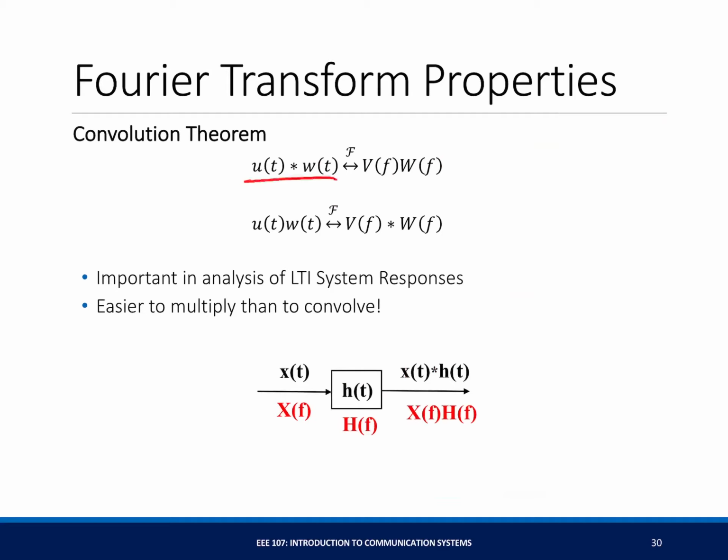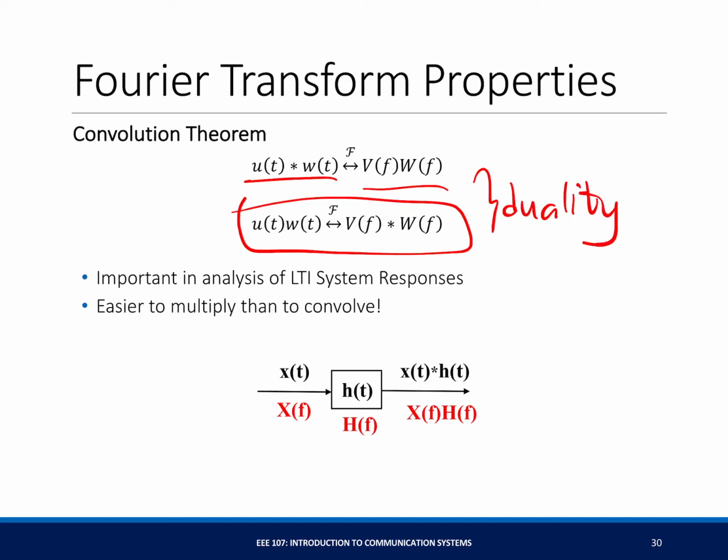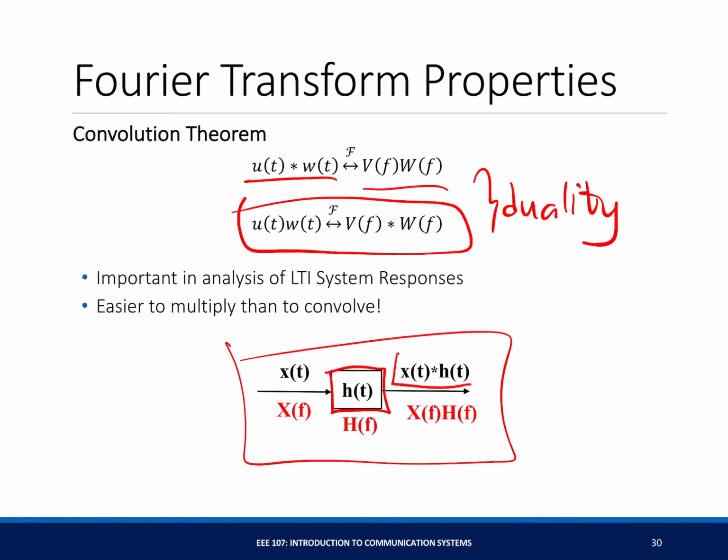A convolution in the time domain will result in a multiplication in the frequency domain, and vice versa, because of the duality theorem. And this is what happens. If your signal passes through a block with an impulse response of h of t, the output will be the convolution of h of t and x of t. In the frequency domain, you'll just multiply them. And you can easily get the output by using the inverse Fourier transform.